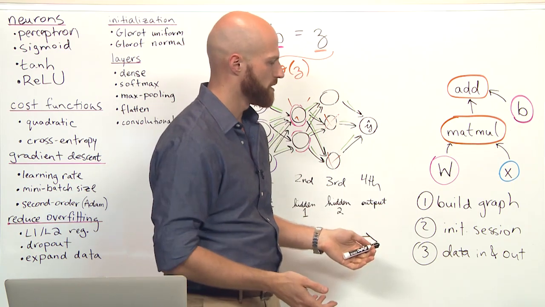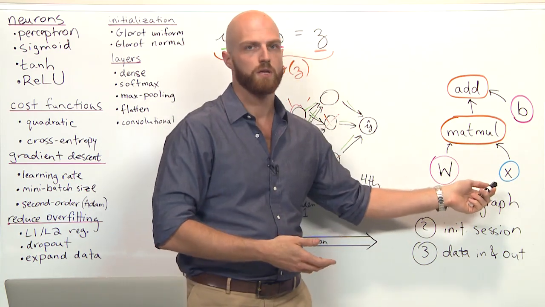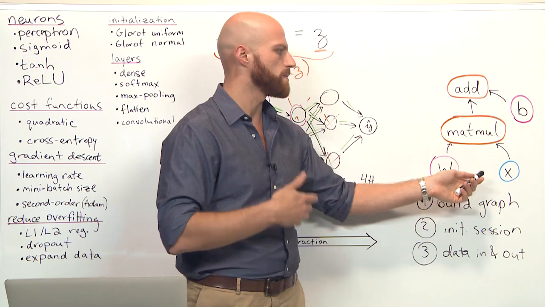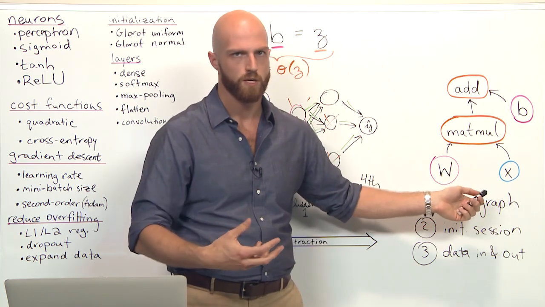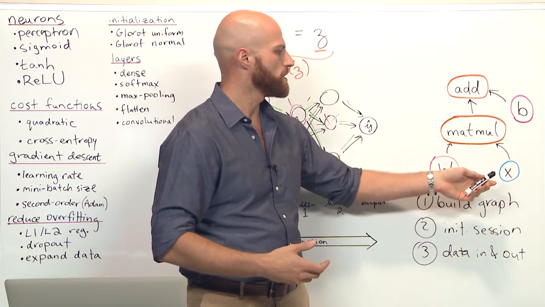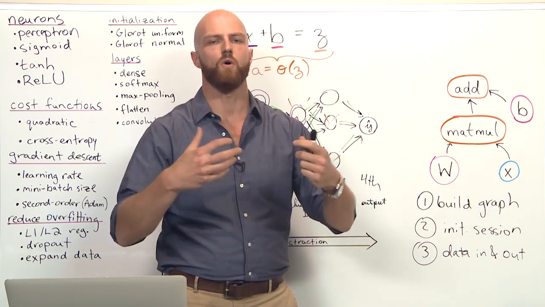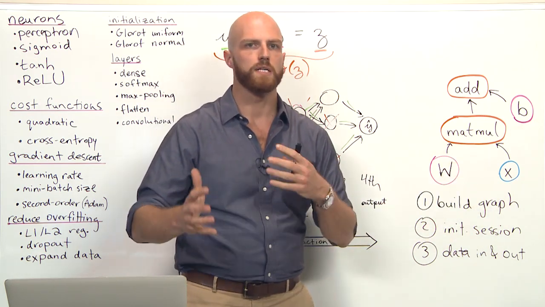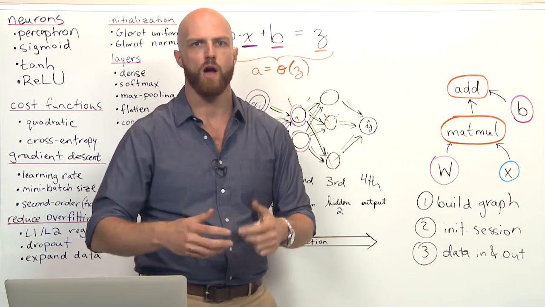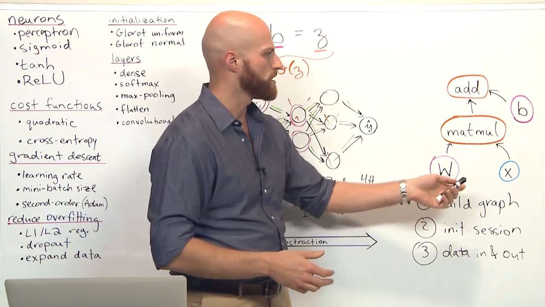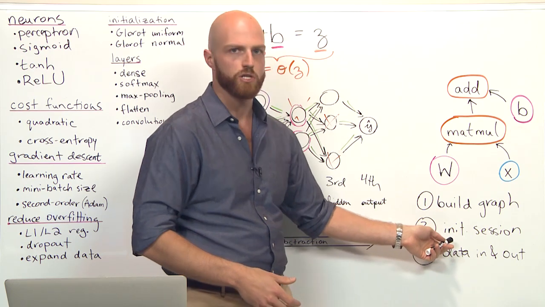The other kind of tensor is shown here in blue. These are initially, when we build our graph, just placeholders. So we define a tensor to hold the place of data like inputs X or outputs Y that we will later feed into the session.